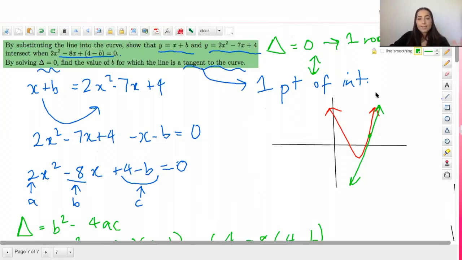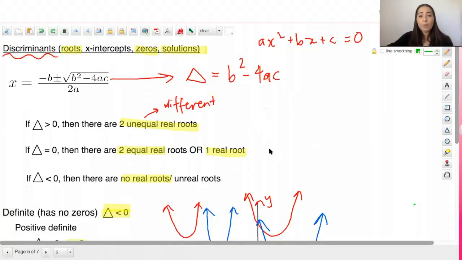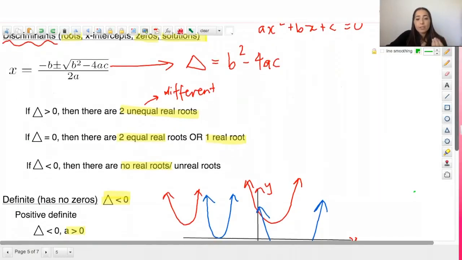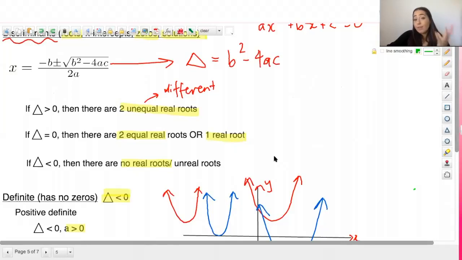So that concludes this lesson on discriminants. So I really hope you understand the derivation of the discriminant, and also how it can help you understand the roots of equations, but also when you're given things such as tangents to curves and how that can help you understand the intersection points between those two functions.